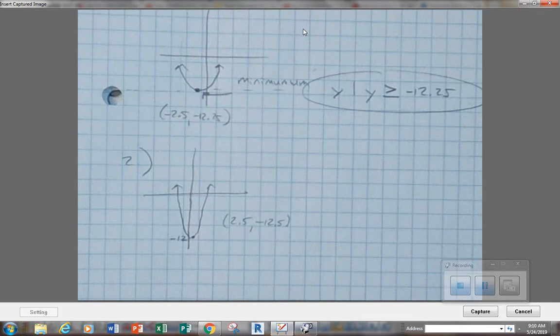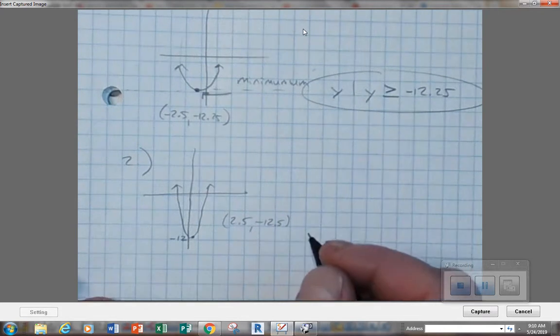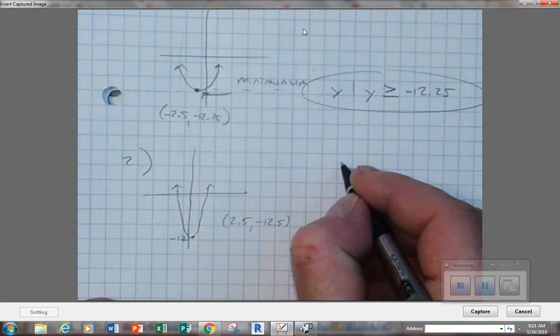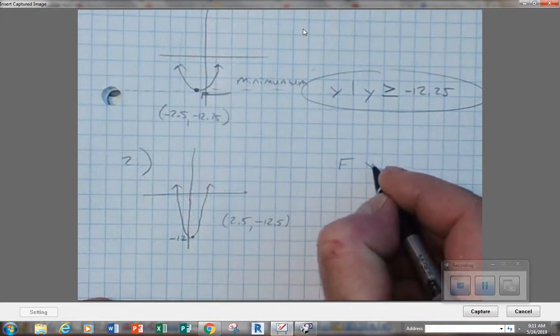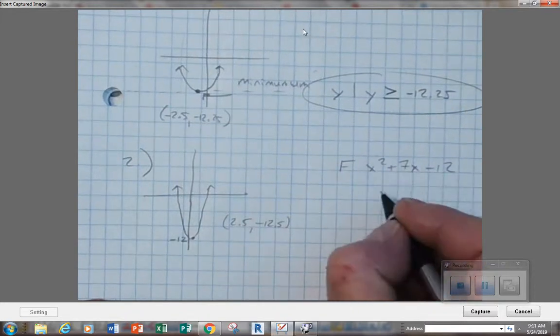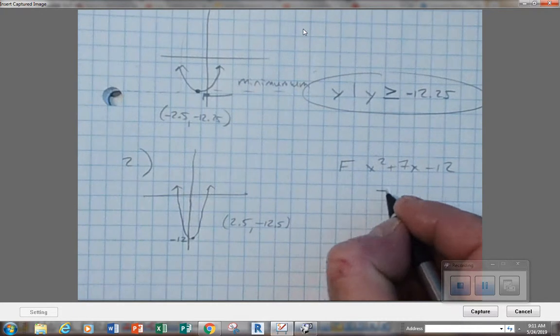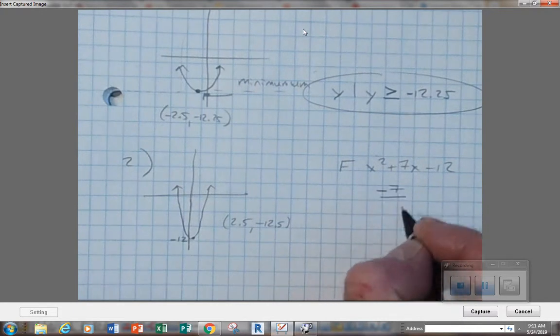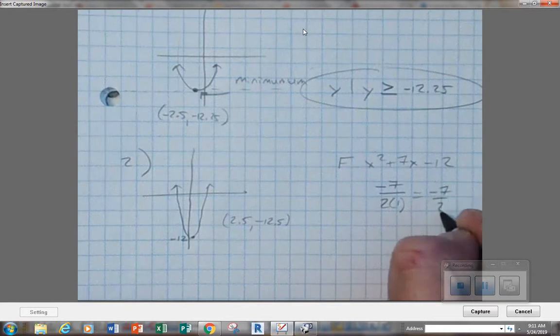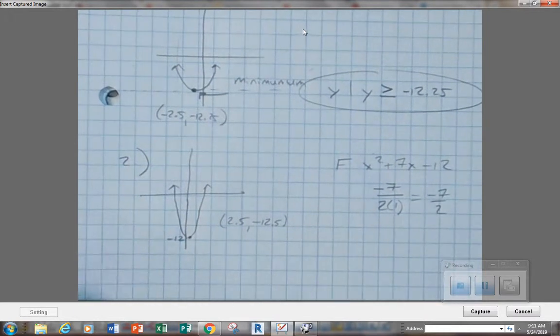If I plug these in, choice F has x squared plus 7x, so that would be negative b over 2a. I can see that's negative, but this vertex is positive, so this one's not going to work.